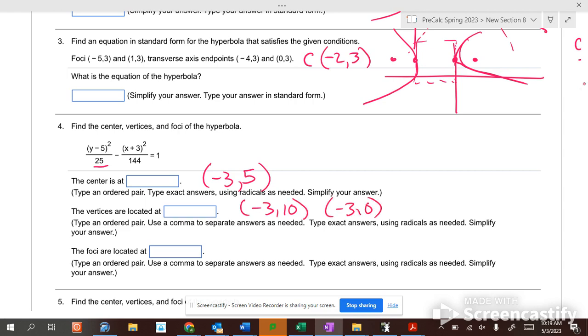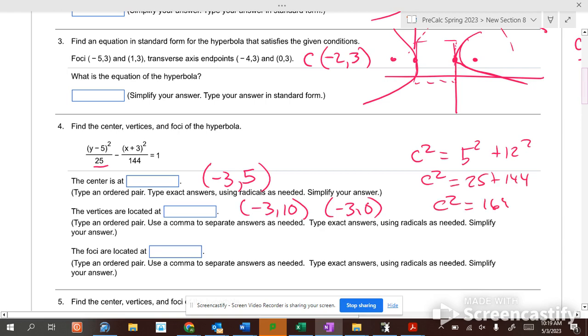Your foci, c squared equals a squared plus b squared. 5 squared plus 12 squared, which is 25 plus 144, which is 169, which is 13.